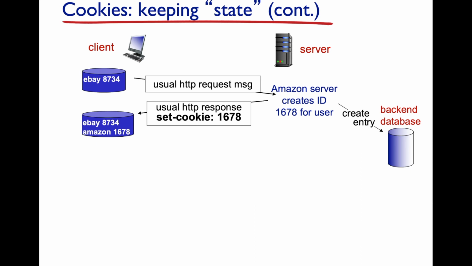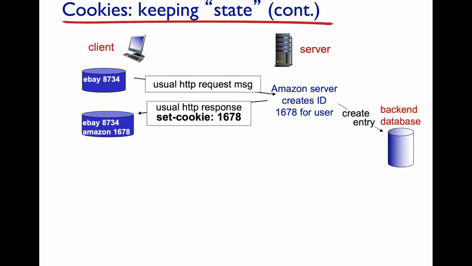So when your client gets this, in addition to rendering or drawing the HTML file that you see as the Amazon web page on your browser, it also creates a cookie entry locally on its file system.